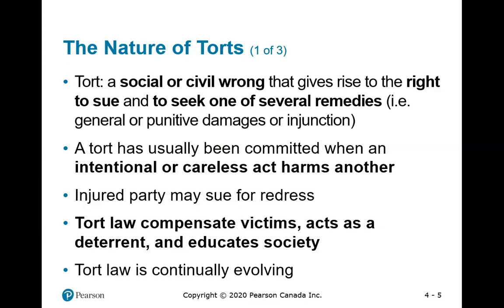This acting wrongfully may be intentional, unintentional, or careless. The car accident would be a careless example. Or do you think drivers hit others intentionally? Most likely not, right?